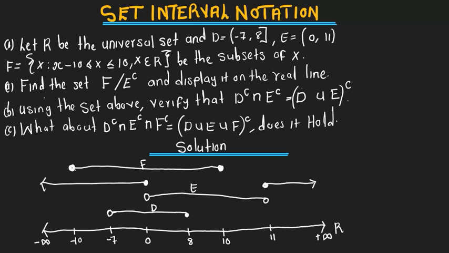Now the question was saying we find a set of everything that is in F which is not in E complement. So we know that this is E complement, this is E complement. So this is set F. So we check where set F does not contain E complement, then that is going to be our set.